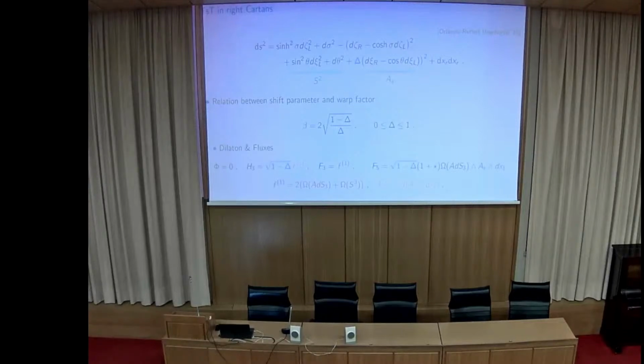Then one can also work out what happens to the dilaton and the fluxes. Remarkably, the fluxes are quite simple. They are just a linear combination of F1 and F2, where F1 is just the standard volume forms, and F2 involves the fiber A. And the dilaton remains constant, and I set it to 0 for convenience.